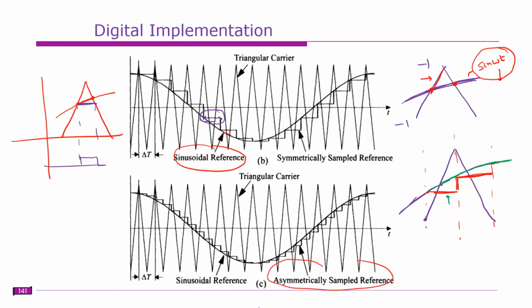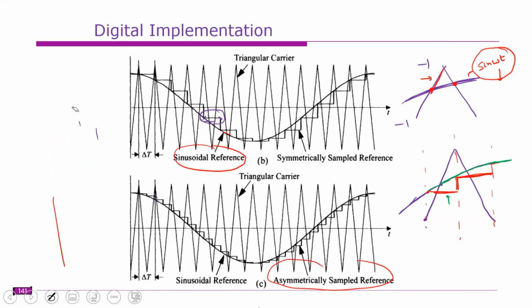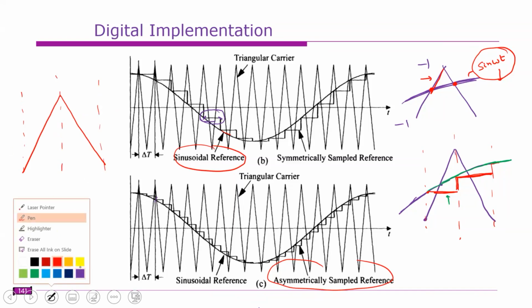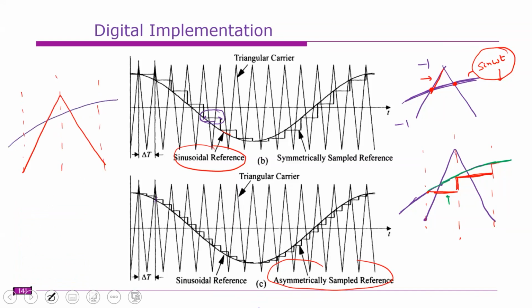Rather than that, if it is the positive peak only, it will be something like this. This is your modulating signal.